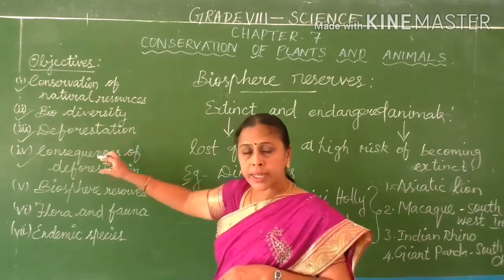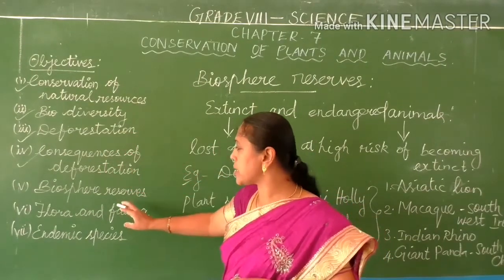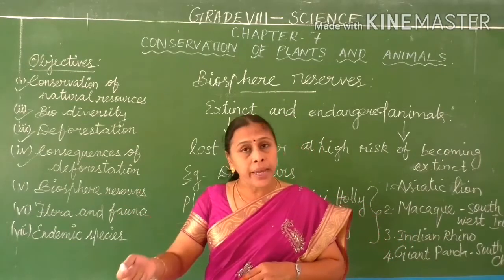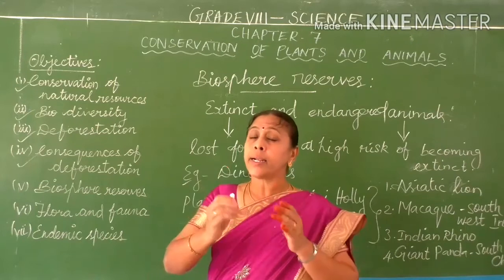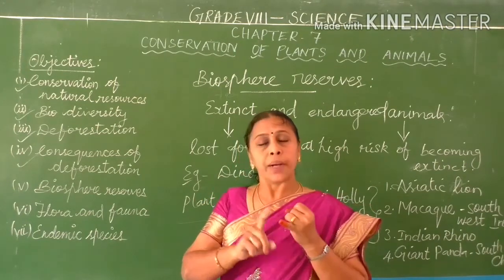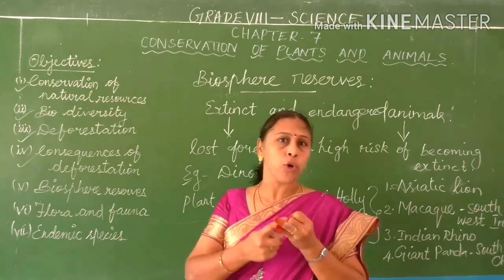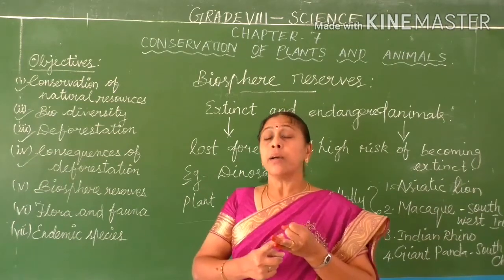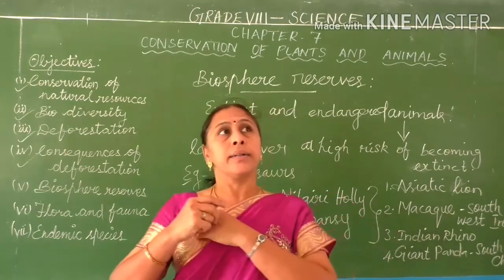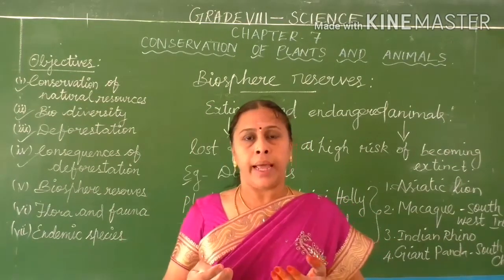Then deforestation, consequences of deforestation, biosphere reserves. In India, Pachmari Biosphere Reserve, and in that one national park, Satpura National Park, and two sanctuaries, Pachmari Sanctuary and Bori Sanctuary, and in those sanctuaries different organisms were there.